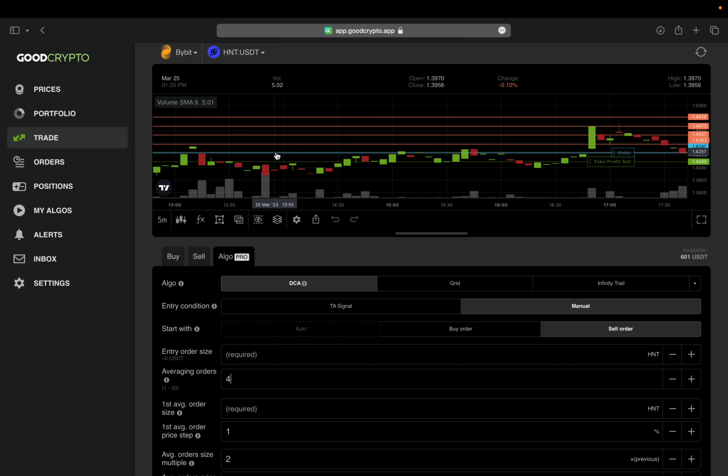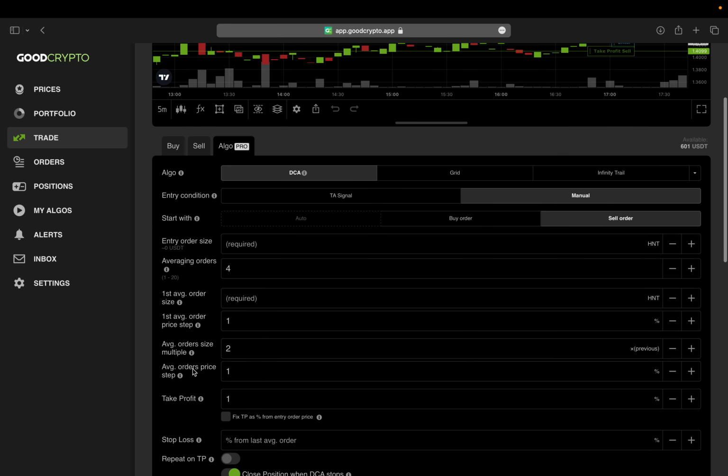You can place one coin here, one coin here, and so on, or you can create some kind of a scale. You can place more and more as the price goes up, or less and less. That's up to you. And any distance between those levels can be set as well.